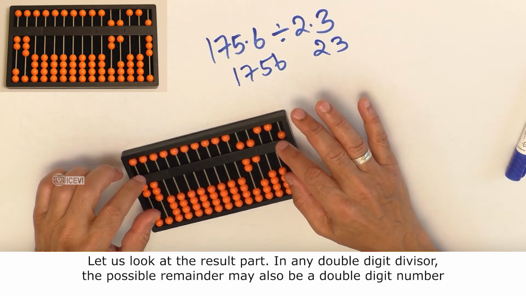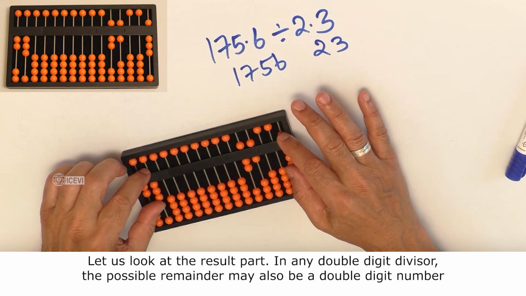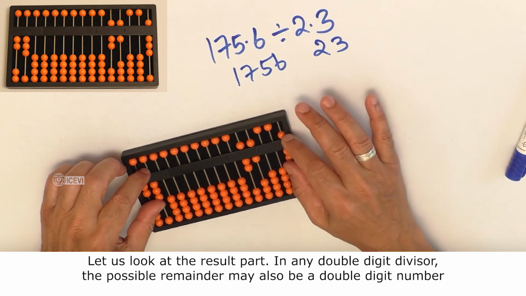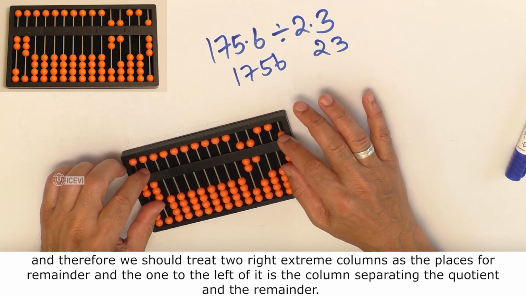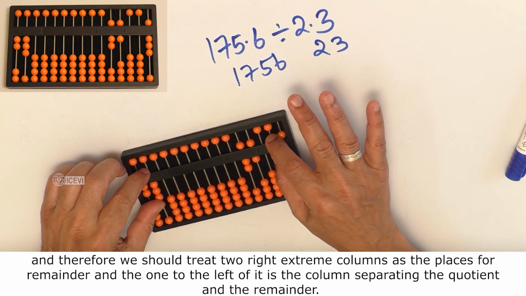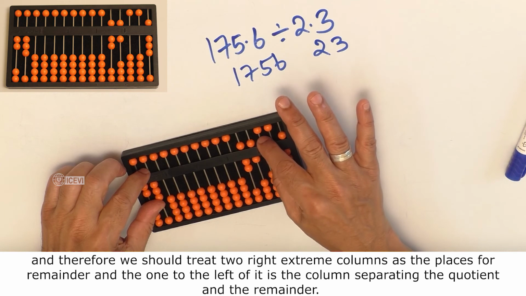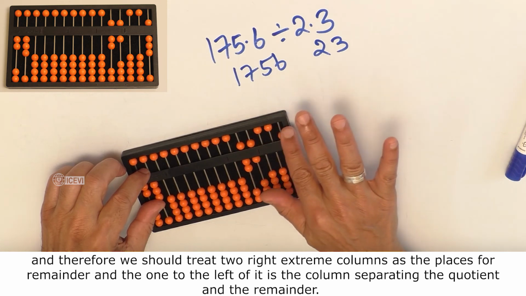In any double-digit divisor, the possible remainder may also be a double-digit number, and therefore we should treat 2 right extreme columns as the places for remainder, and the one to the left of it is the column separating the quotient and the remainder.